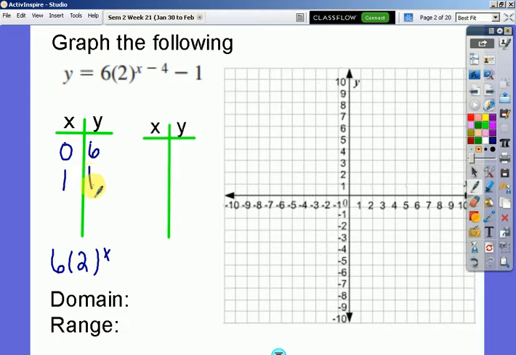So what would our next point be? 1, 12. Yeah. What would the next point be? 2, 24. Okay. And do you remember how we go backwards? If I wanted to go to -1. Yeah, divide by 2. So if I wanted to go 6 divided by 2, I get -1, 3, right? And you can see, if you put -1, right, you will get 3 out.